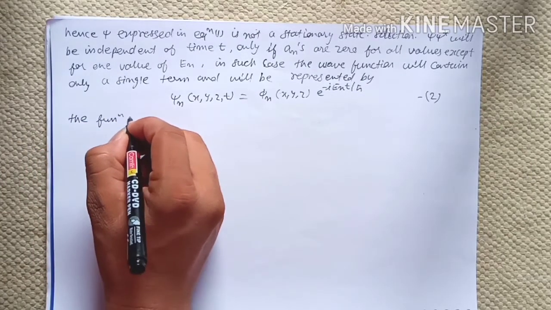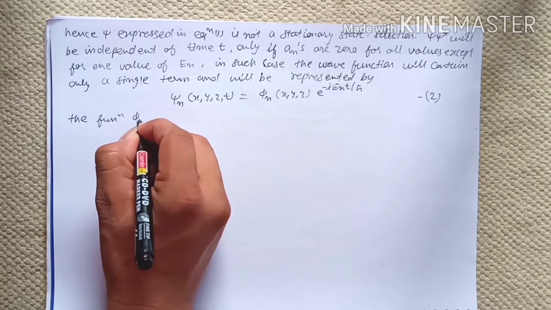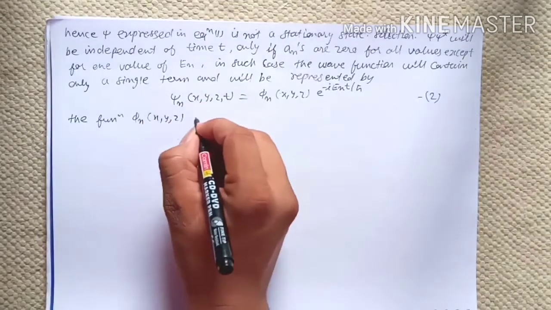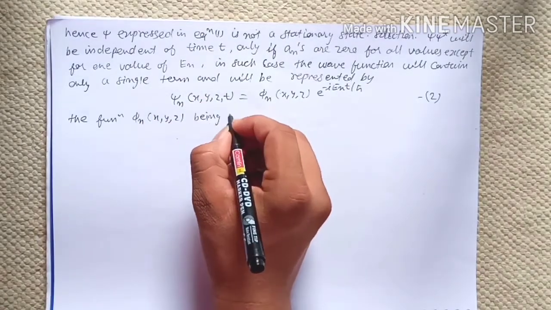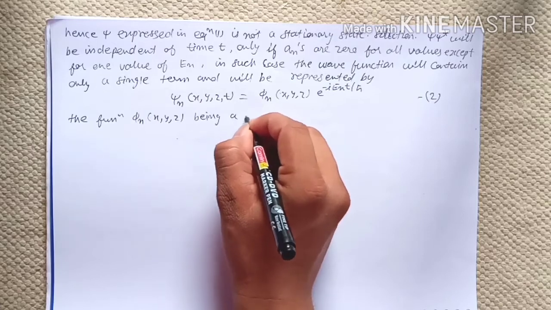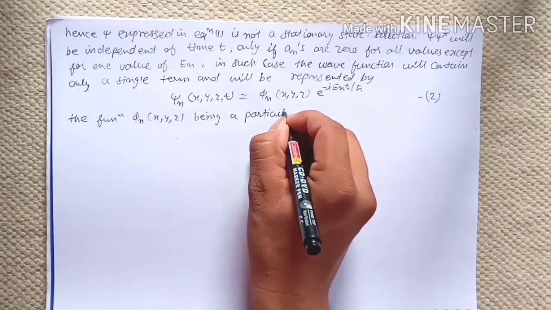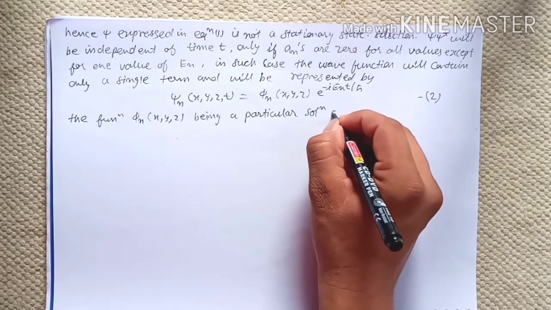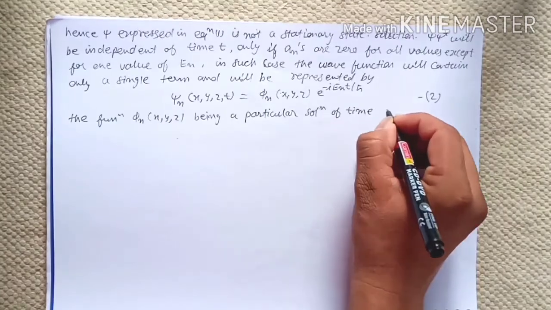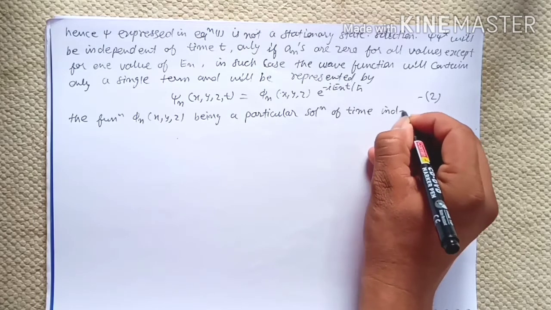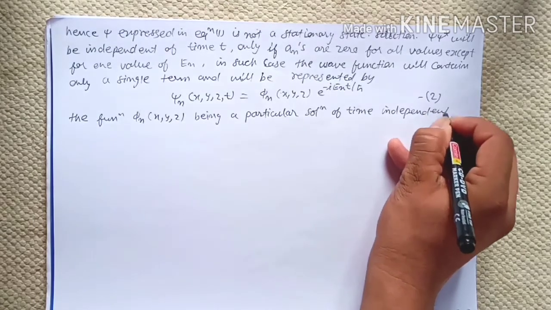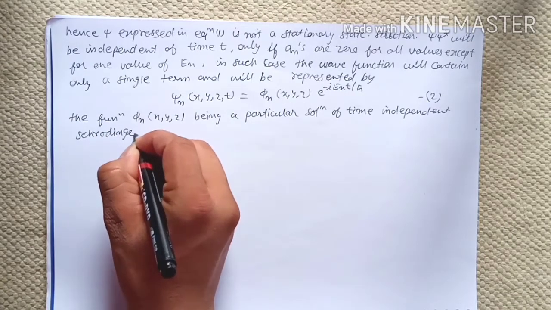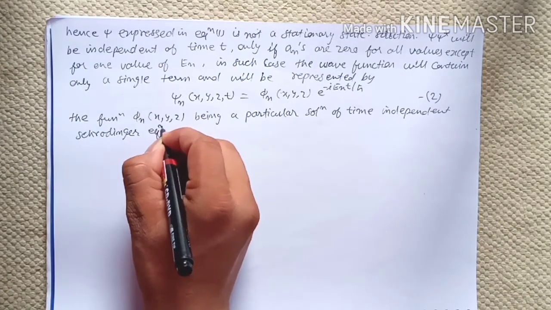The function phi n x y z being a particular solution of time independent Schrodinger equation.